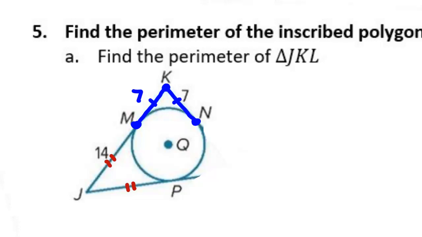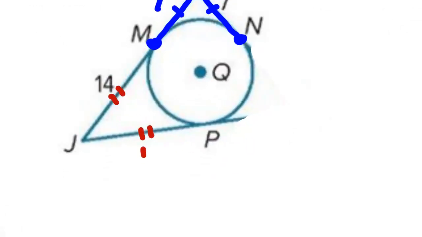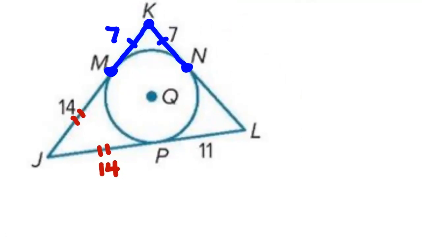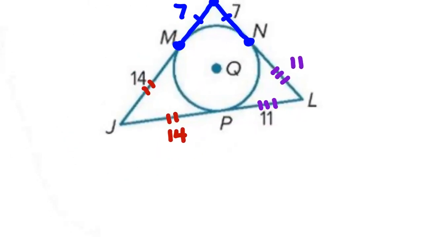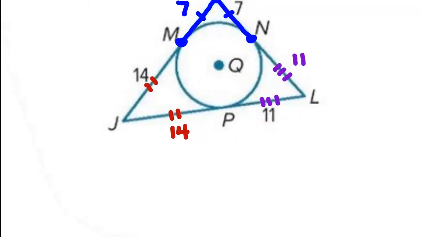So how big is JP? 14. So what do you think that means over here? Yes. NL is congruent to PL. So NL would be how big? 11. Beautiful.